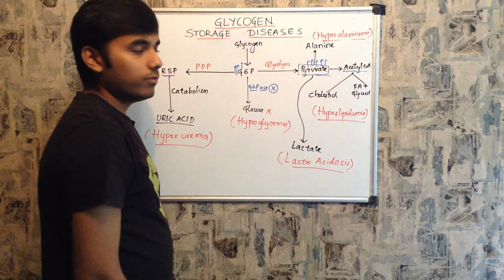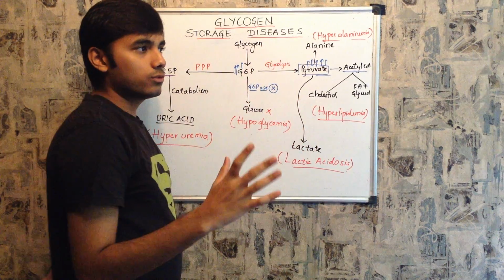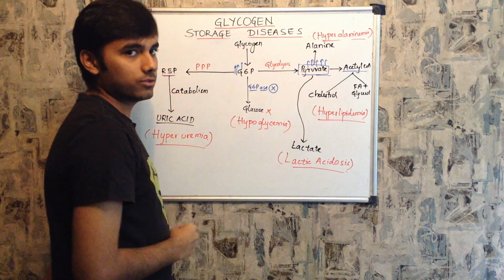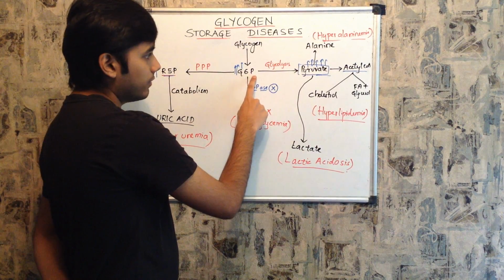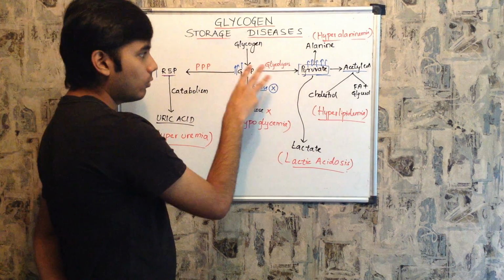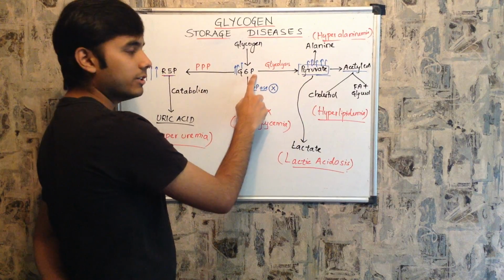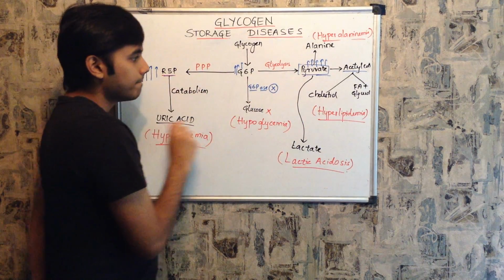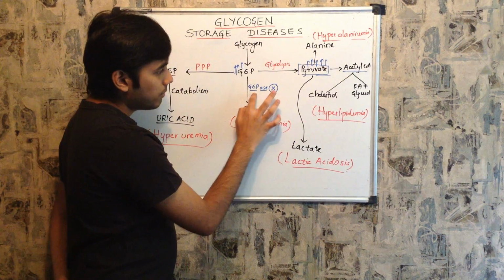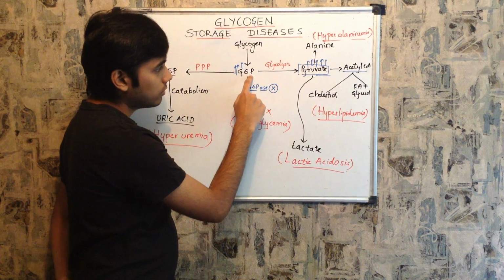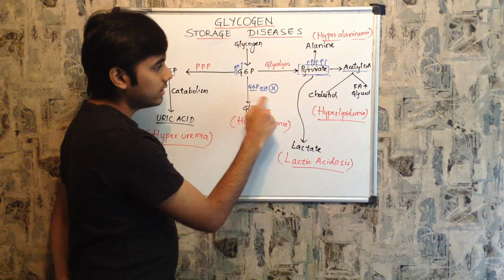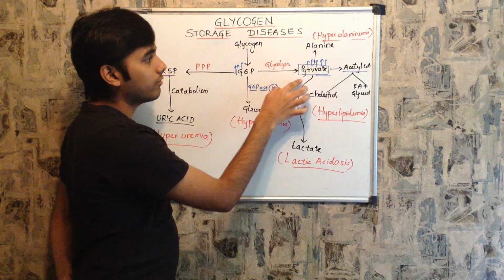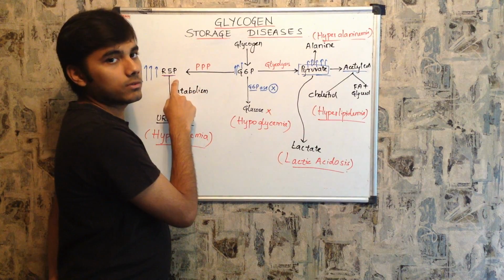So once again a quick review. As you know, glycogen is a chief source which is present in the liver. Glycogen is converted into glucose 6-phosphate. Glucose 6-phosphate which is formed is equally distributed to form pyruvate, glucose, and ribose 5-phosphate. So if glucose 6-phosphatase, which converts glucose 6-phosphate to glucose, is deficient, there will be more pressure for the production of pyruvate as well as ribose 5-phosphate.